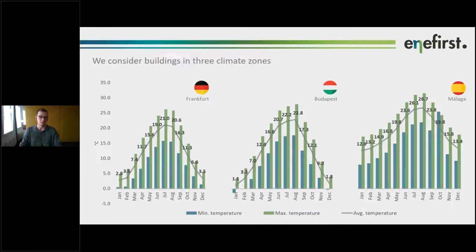As you can see here from these temperature charts, these countries obviously differ by the annual or the monthly average temperature, as well as minimum and maximum temperatures, which has obvious implications for heating demand. But as I've also mentioned, by looking at these 3 different countries, we take into account differences in cost and also, for example, differences in the efficiency of heat pumps and other aspects.